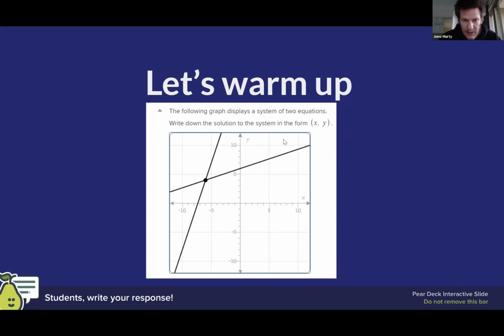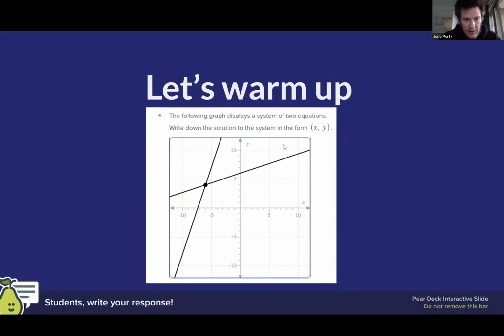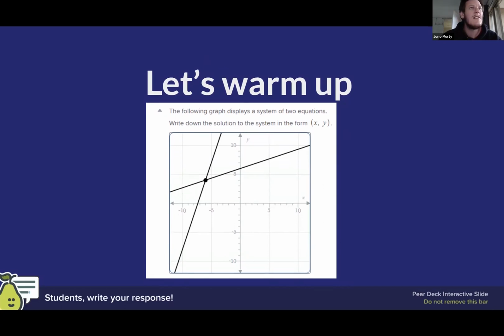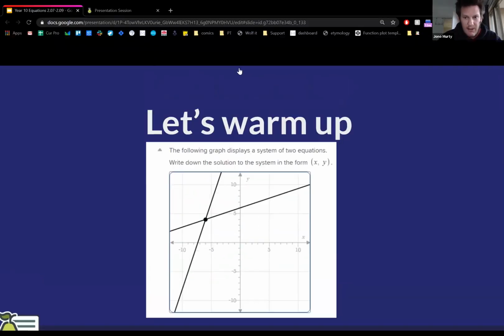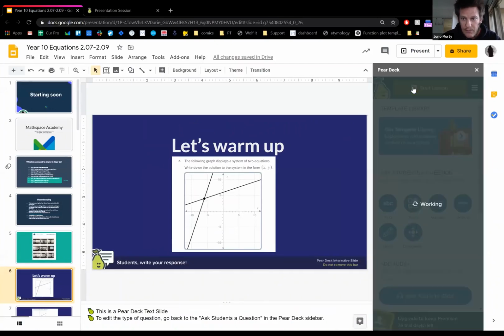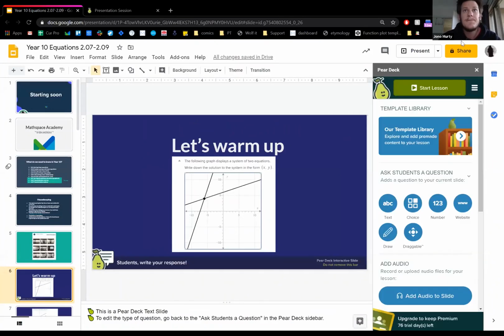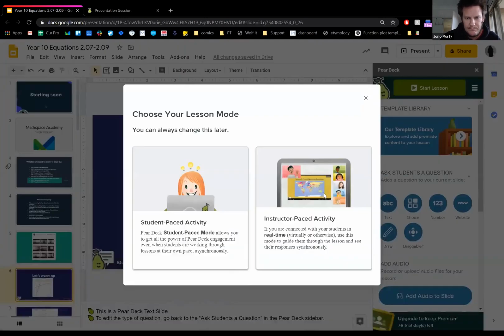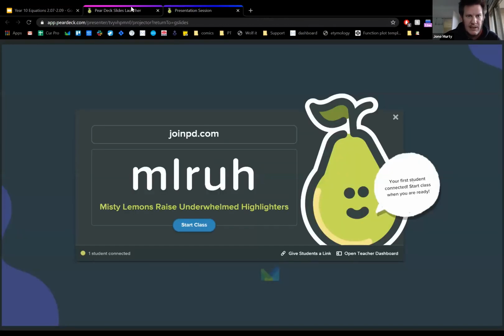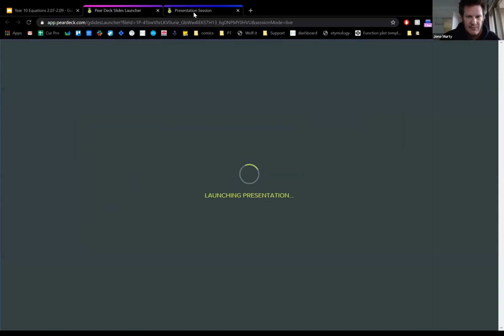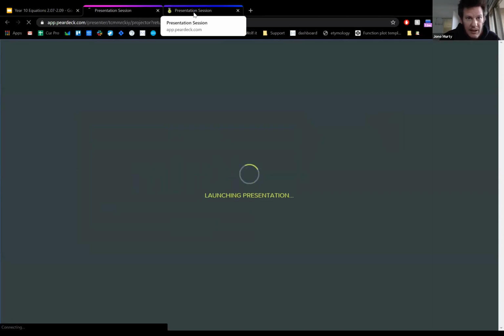Have I set up the pair deck thing properly? Okay, yes, I thought I'd done that. I started it, but it looks like it's finished. Wait, I think I've done it twice.